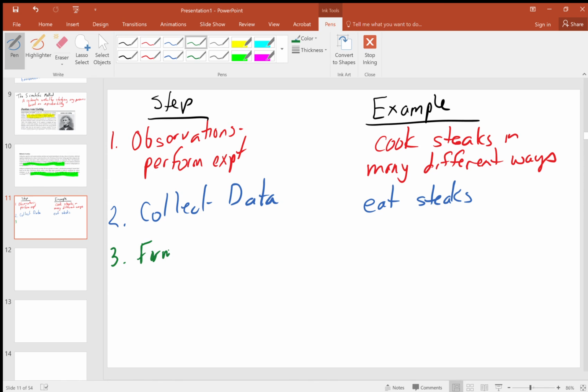And so this allows us to form a hypothesis based on the data that we collected. And so the hypothesis that Liebig formed was that searing meat seals in the juices.